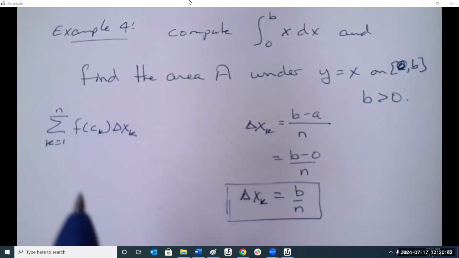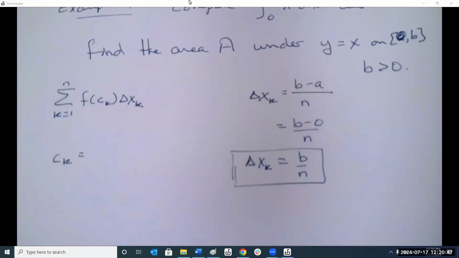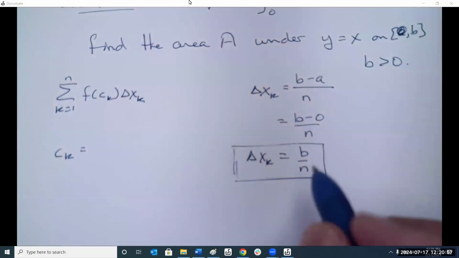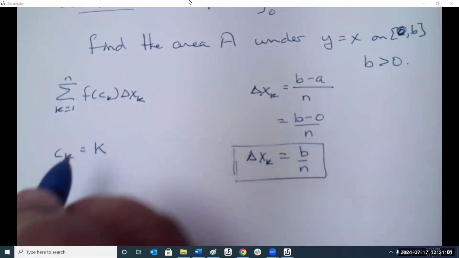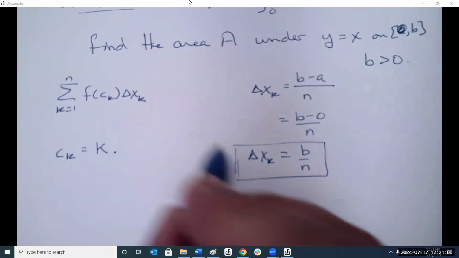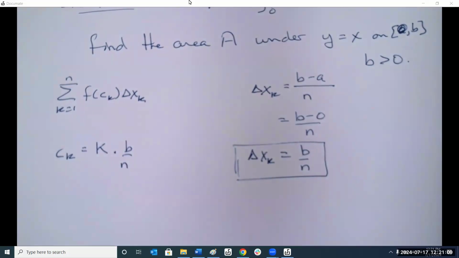Now we've got to figure out what c sub k is. Remember, c sub k is the average between the two endpoints of the interval. It's the midpoint of the interval. So it's going to start at some integer k, and then multiply by the b over n step. What does that mean?